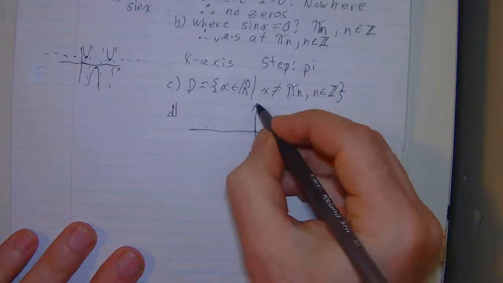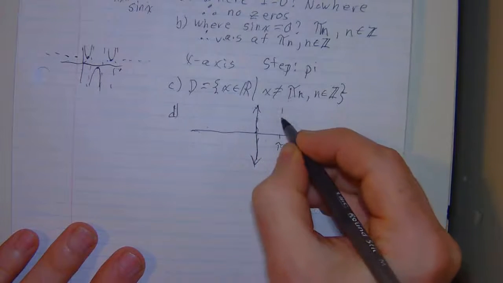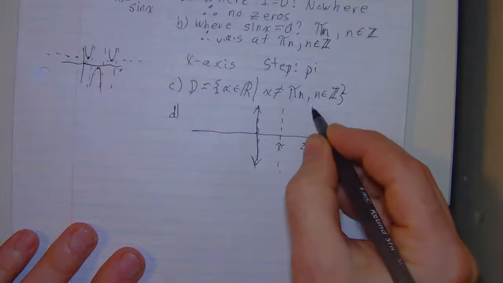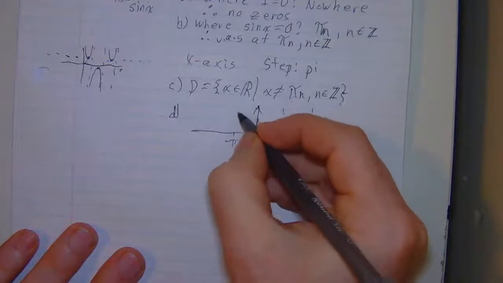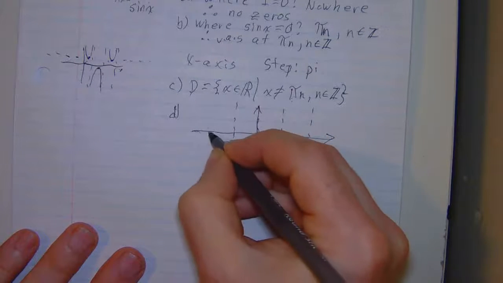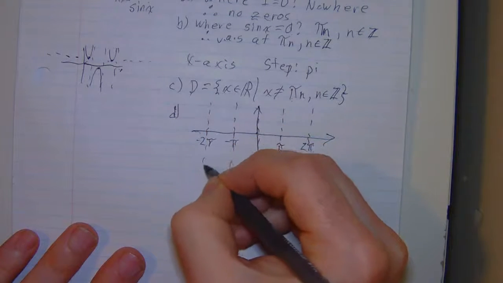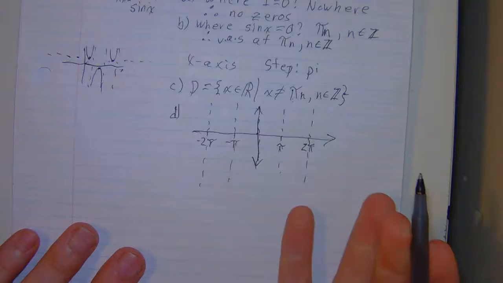So we know we have a vertical asymptote at 0. We know at pi there's a vertical asymptote. We know at 2 pi, there's a vertical asymptote. We know at negative pi, there's a vertical asymptote. We know at negative 2 pi, there's a vertical asymptote, and so on. And we know there's no zeros.